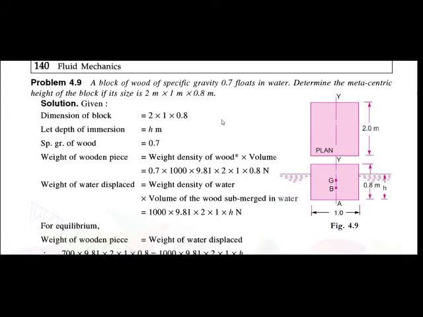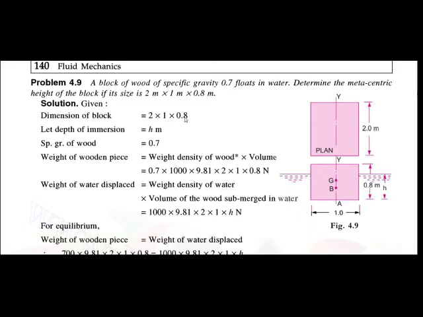A block of wood of specific gravity 0.7 floats in water. Determine the metacentric height of the block if its size is 2 meter into 1 meter into 0.8. Okay, so first is the dimension they have already given, which is 2 into 1 into 0.8.